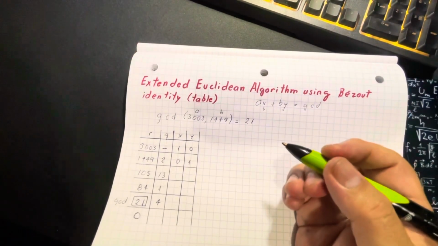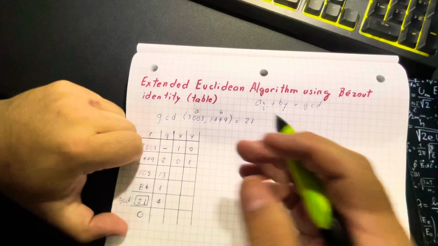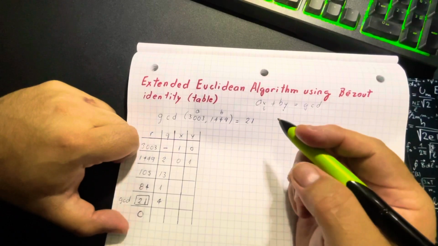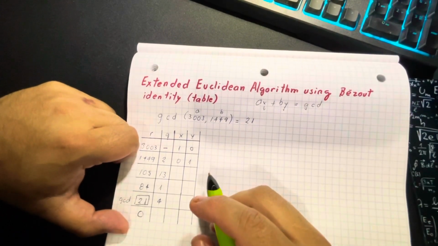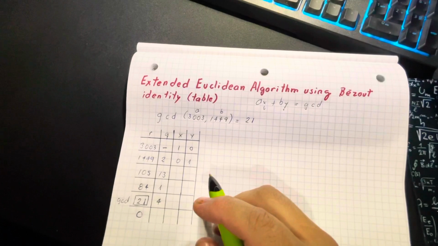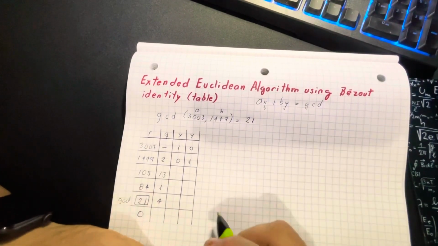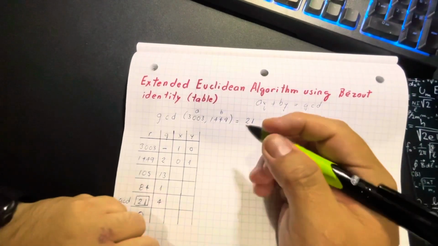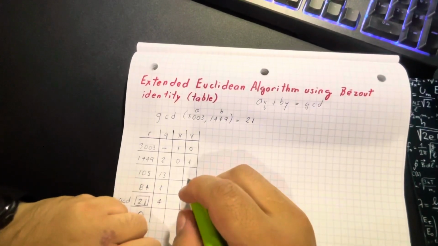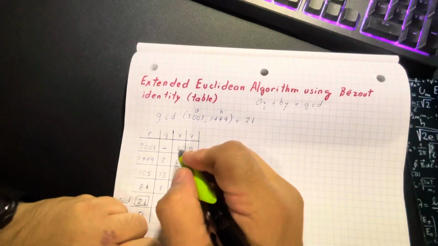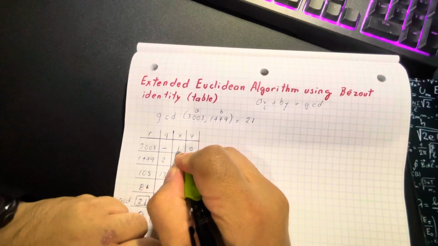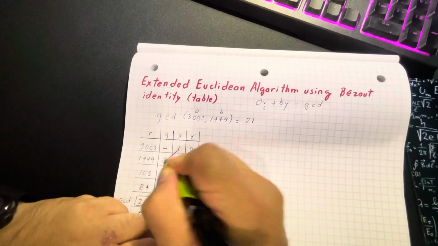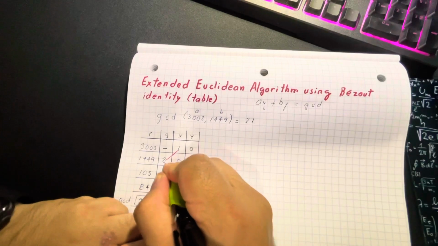Now we're gonna use this process to find the coefficients, right? We're gonna find the coefficients, and right here there's a rule. Okay, right here you have this one, you have to subtract this one and multiply these two.